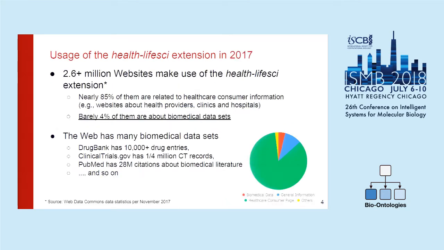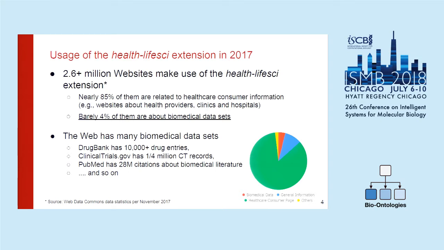Looking at the data statistics from Web Data Commons in 2017, we found that more than 2.6 million websites make use of these extensions, and only around 100,000 of the sites use them to describe biomedical datasets.